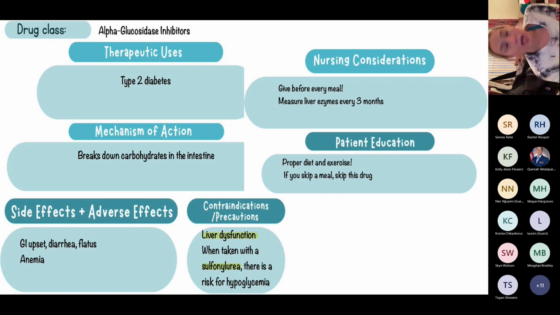You know, your patient had a sulfonylurea earlier in the day and it's lunchtime and you look at their sugar and maybe it's like 65. We're probably going to hold this, okay? Also, please take the time to review what are clinical findings associated with hypoglycemia. Okay?